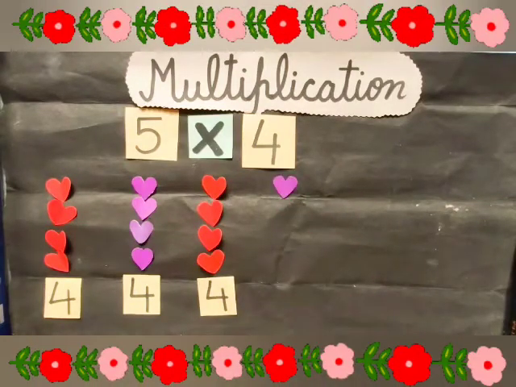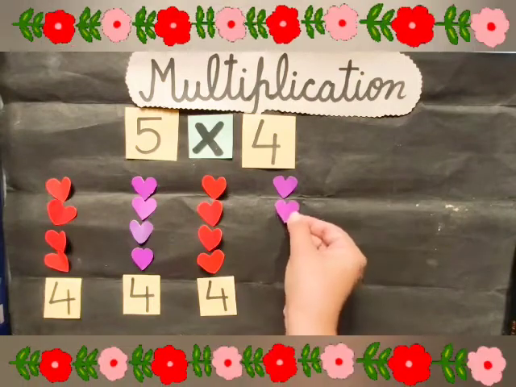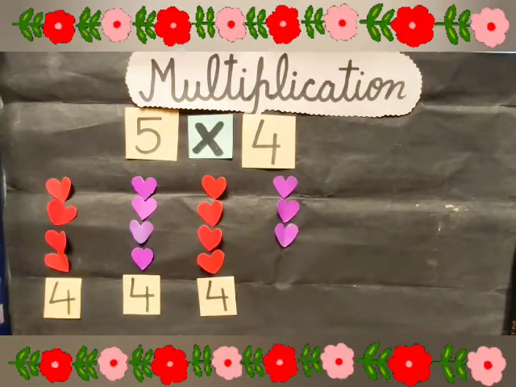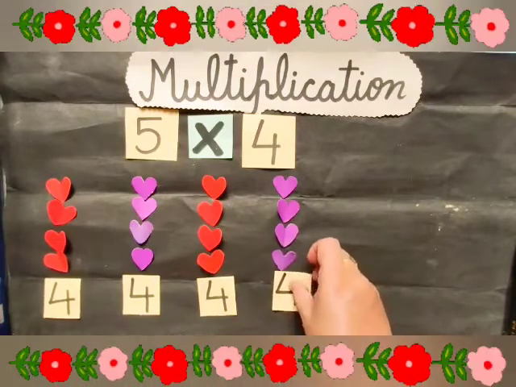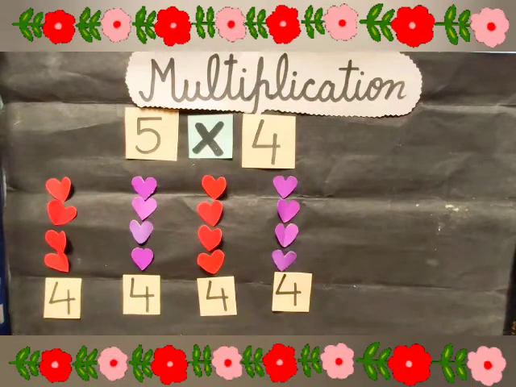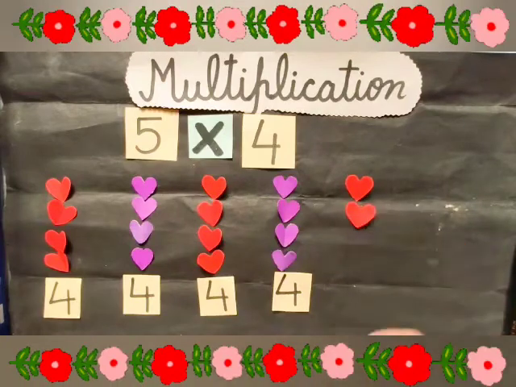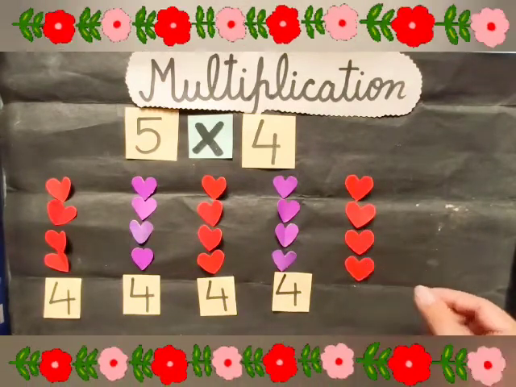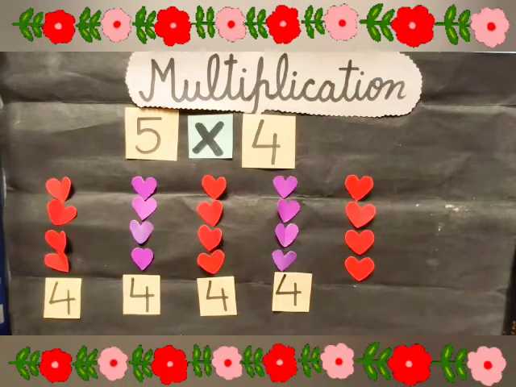So 1, 2, 3 and 4 purple hearts in the fourth group. Now in the last group I will take red hearts. So 1, 2, 3 and 4 red hearts in the fifth group.